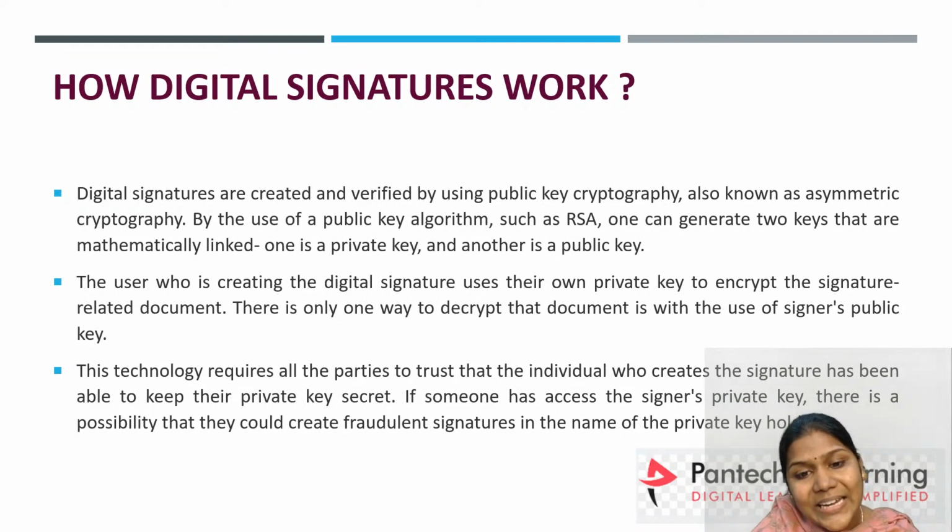The user who is creating the digital signature uses their own private key to encrypt the signature-related document. The only way to decrypt the document is with the use of the signer's public key. This technology requires all the parties to trust that the individual who creates the signature has been able to keep its private key secret. If someone has access to the signer's private key, there is a possibility that they could create fraudulent signatures in the name of the private key holder.